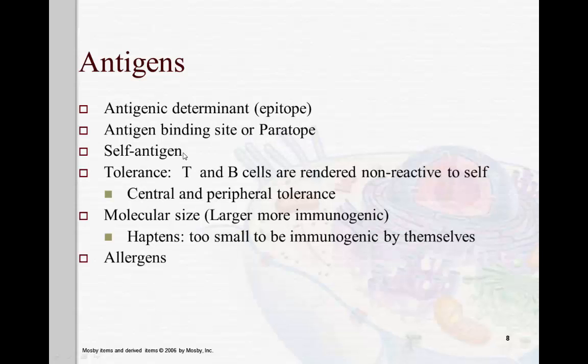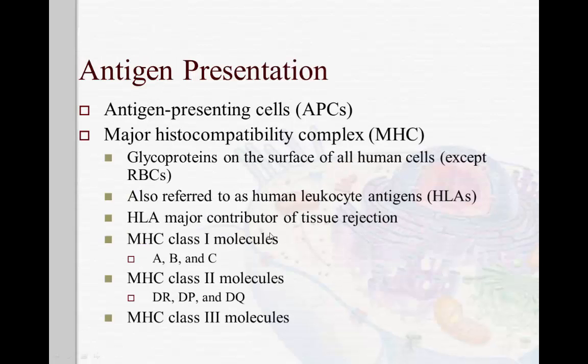Again, the body has to recognize the self from the non-self, and that self is called self-antigen that we normally have naturally in our body, and the immune system has the ability to recognize it as self and prevent the immune system from attacking it, and that is tolerance. So we need to develop central and peripheral tolerance for the self-antigens in order to avoid autoimmune diseases. We discussed already the hapten and the allergen.